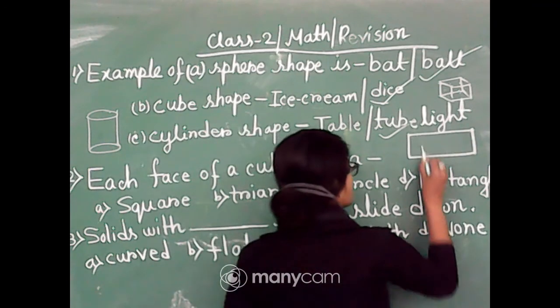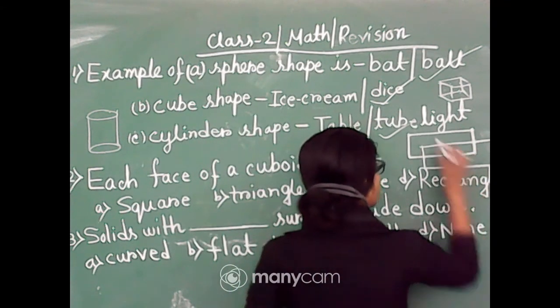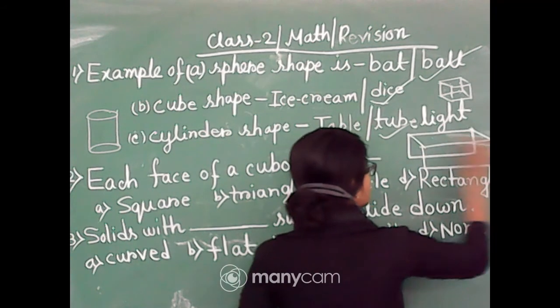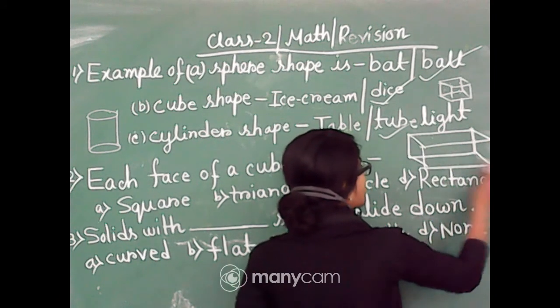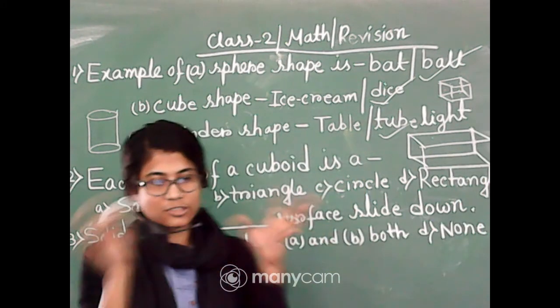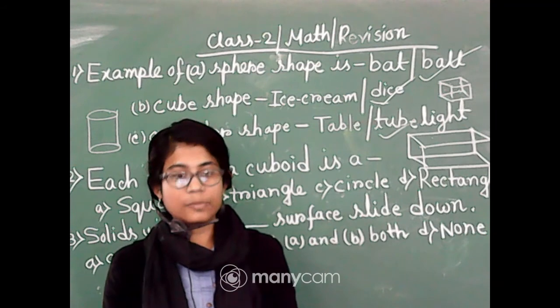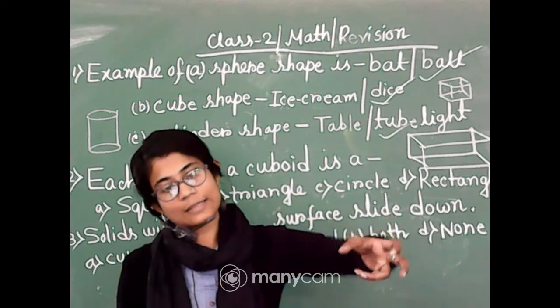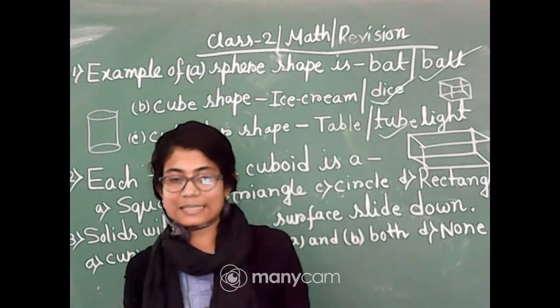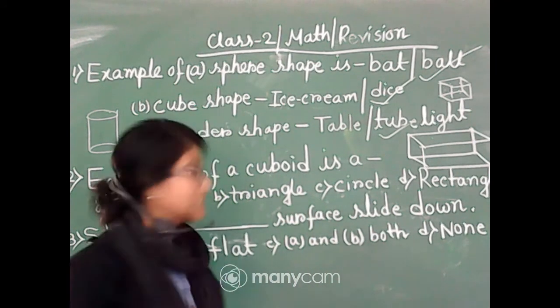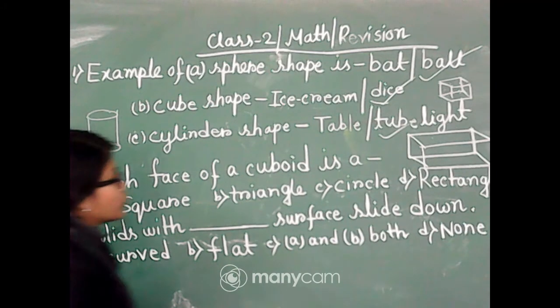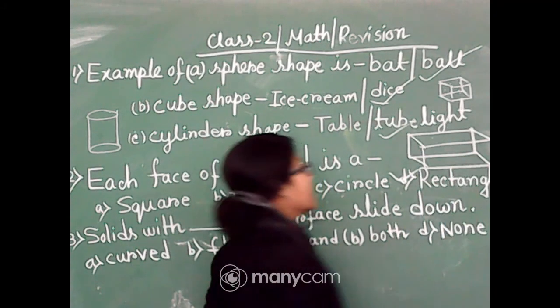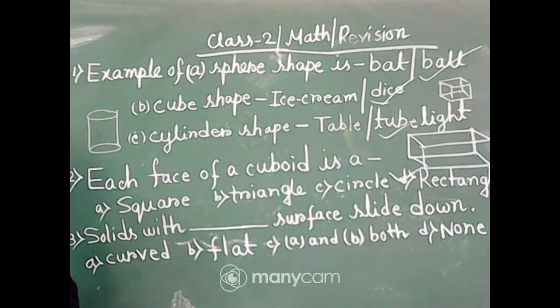And then this is also a rectangular shape, this is also a rectangle, and this is also, so the whole side is the shape of a rectangle. From each side, if you look at the cuboid, you will feel that the face is the shape of a rectangle, isn't it? So each face of a cuboid is a rectangle, okay? It's not a circle, not a triangle, and not a square, because square is for cube. Each face of a cube is a square, but for the cuboid it's a rectangle.